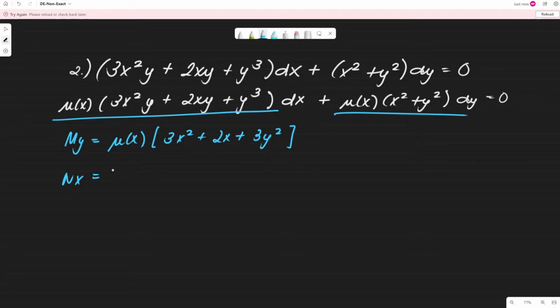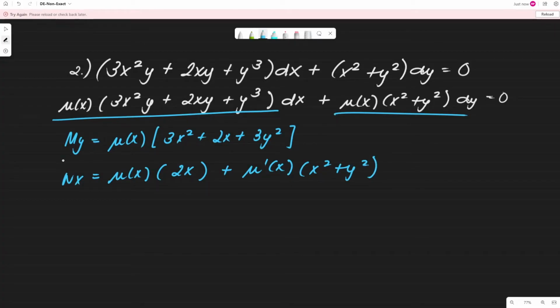So we'll have mu of x times the partial derivative of x squared plus y squared with respect to x, which is 2x, since y squared is constant and the derivative of a constant is 0. Plus mu prime of x, the partial derivative of mu of x with respect to x, times x squared plus y squared.